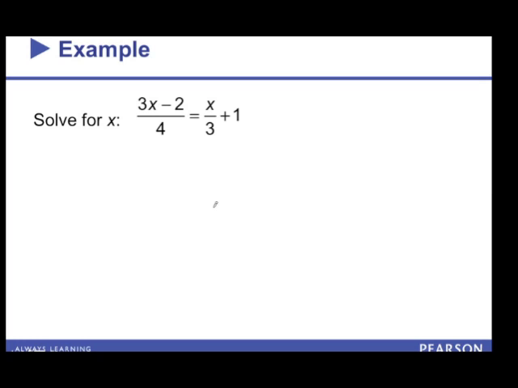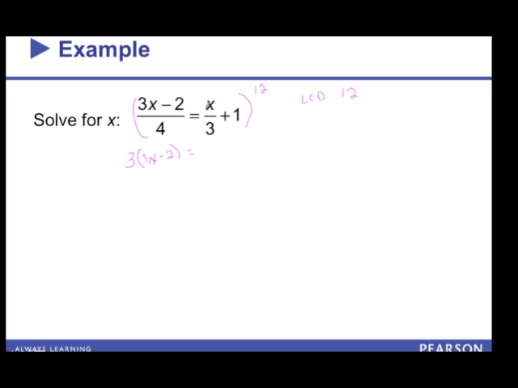Here's an equation to solve, and this one does have the fractions with denominators 4 and 3. The LCD for 4 and 3 is 12, so I'm going to multiply both sides of the equation by 12. For the first fraction, the denominator is 4, and 4 into 12 is 3, so I take 3 times the numerator, and the denominator gets canceled out.